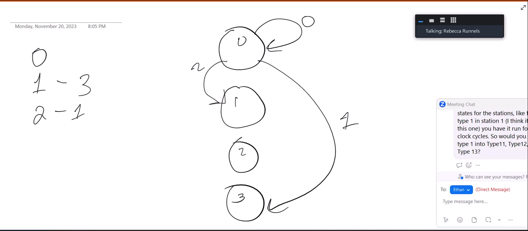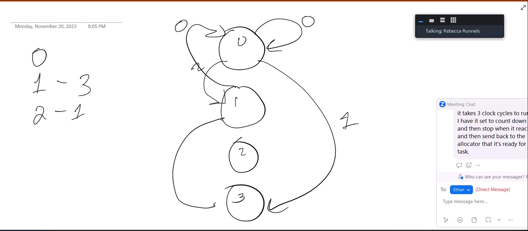If you are in state 1 and you get a 0, you'd go here. If you get a 1, you go here. And if you get a 2, you go back to yourself. If you're in state 3, you don't have a choice, you go to 2. If you're in 2, you don't have a choice, you go to 1. And from here, this is station 1, R0 would equal 0, it's not ready.